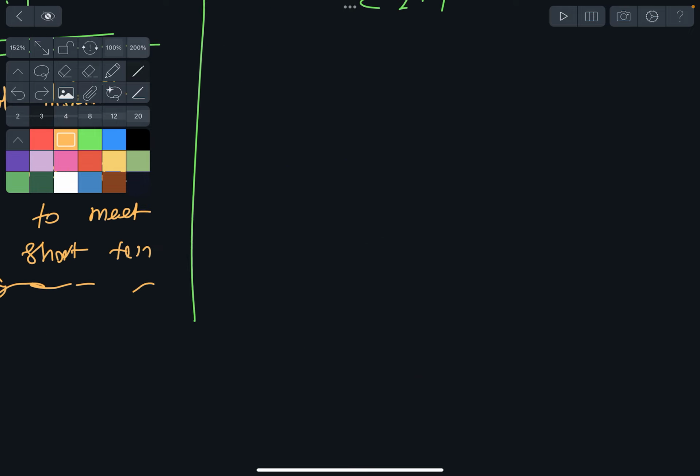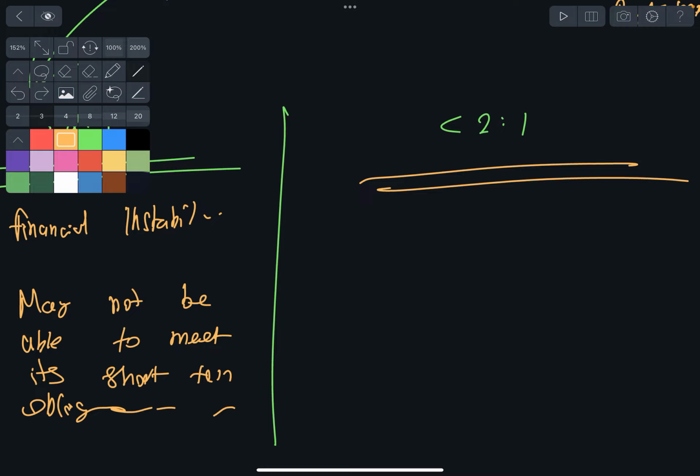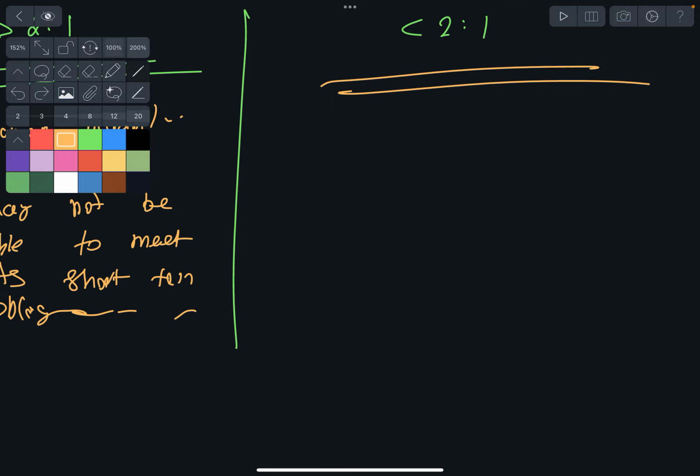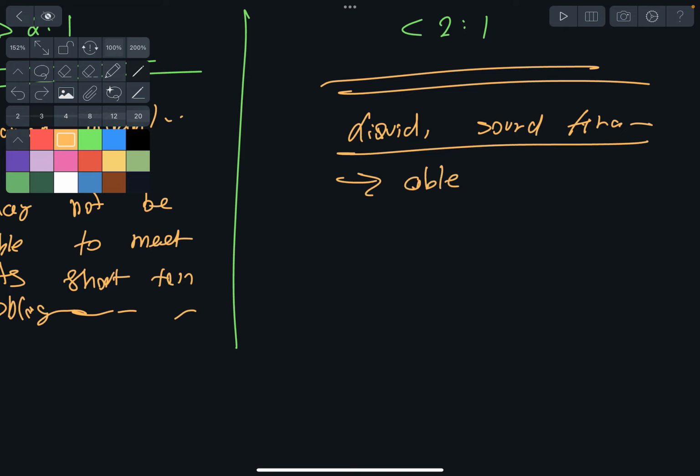And what if it's about 2 to 1? Well, it indicates that the business is liquid, in a sound financial position, and able to meet its short term financial obligations, as I told you.